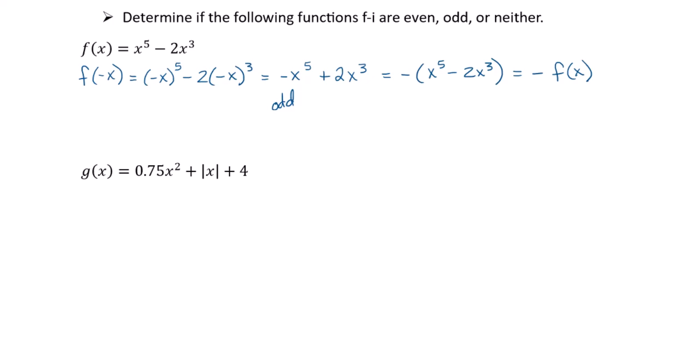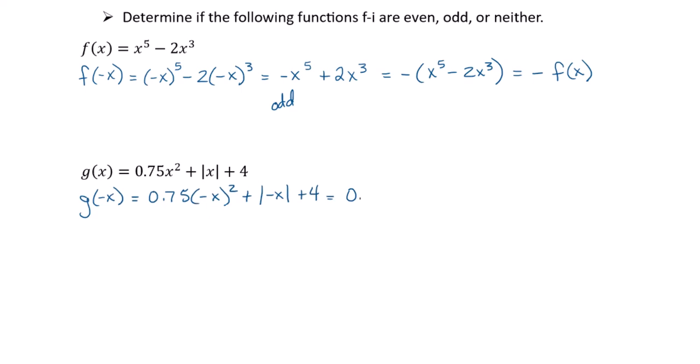All right, let's try with g of x. G of negative x is equal to 0.75 times negative x squared plus the absolute value of negative x plus 4.